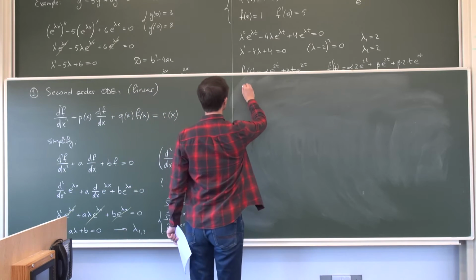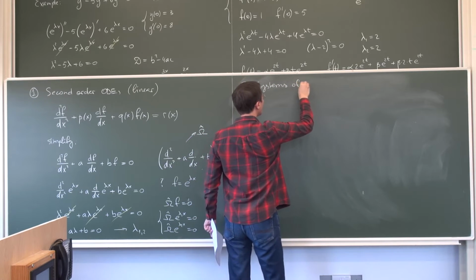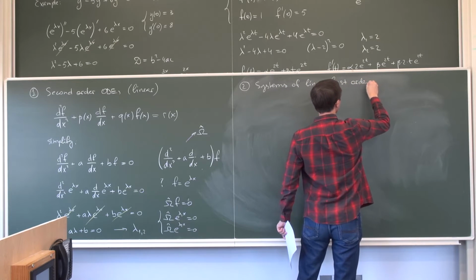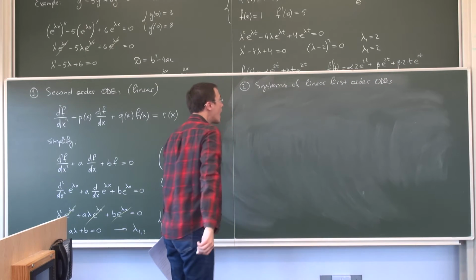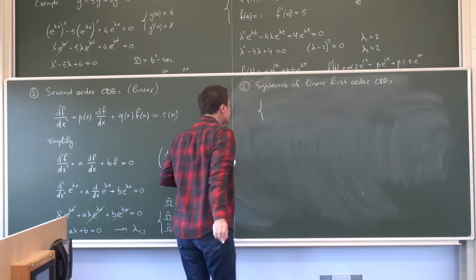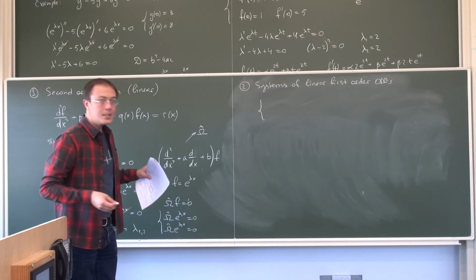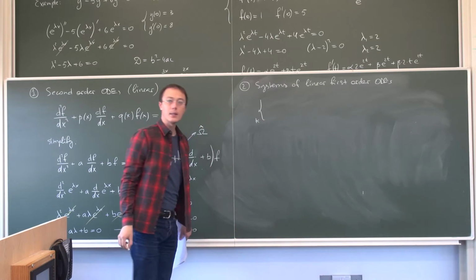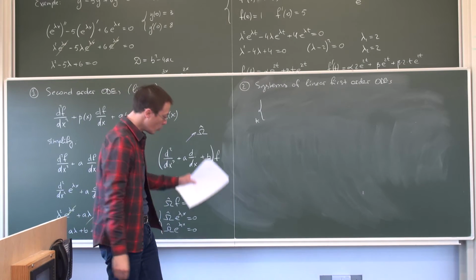Anyway, item 2 is systems of linear first order ODEs with constant coefficients. We are looking at things like this. It's a system, and here I'll introduce notation that you maybe haven't come across before. It is a system in which the equations are numbered by an index k. So we have k different functions and k equations for them.